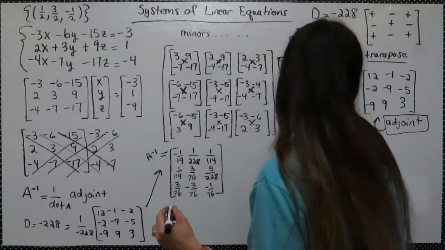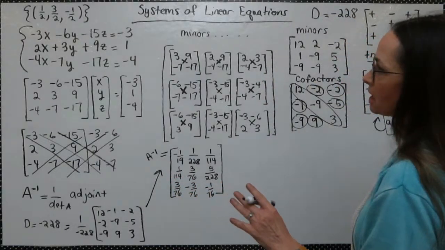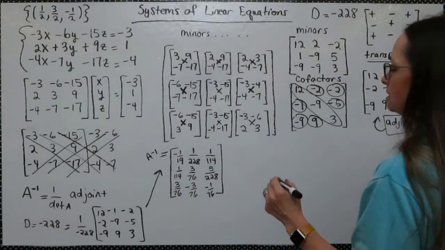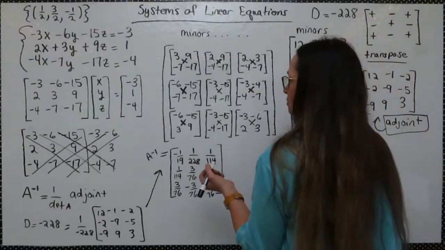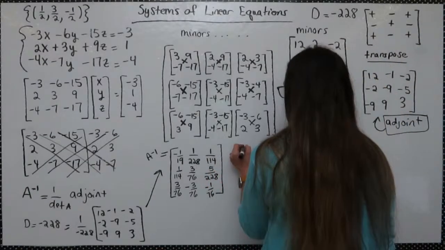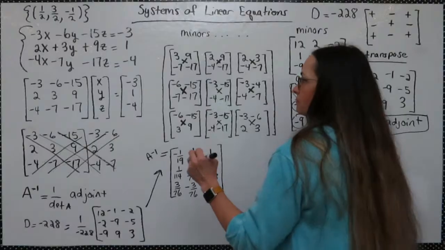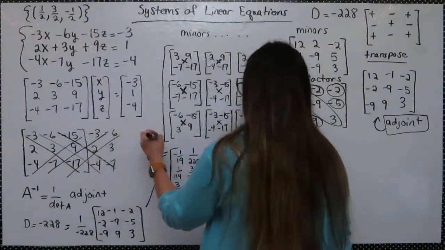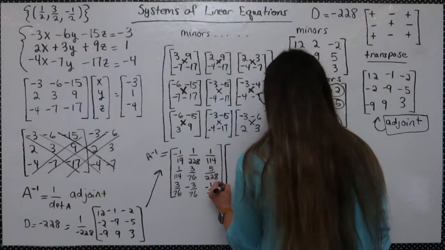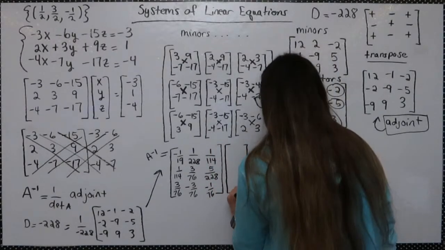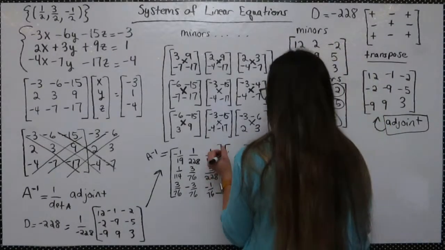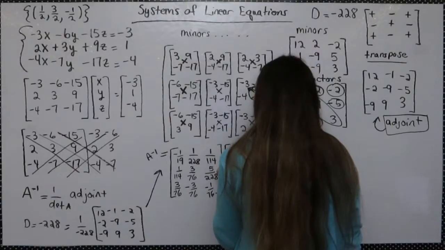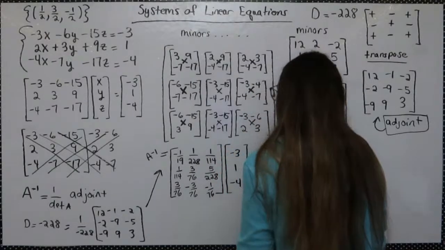So now, according to the formula that I erased, I should be able to state that XYZ equals my inverse times my constants. So I'm just going to put my constants up here and do a simple matrix multiplication: -3, 1, -4.